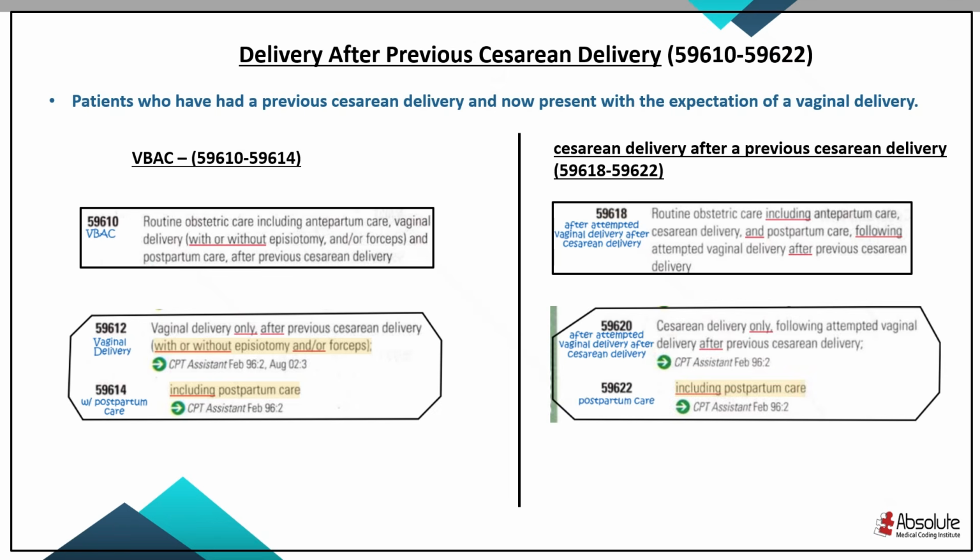And we also have CPT code 59620, that is a cesarean delivery only following a failed VBAC attempt, and CPT code 59622, that is for a cesarean delivery and the postpartum care following a failed VBAC attempt. So accurate coding depends on two major factors. Was the VBAC attempt successful or unsuccessful? And are you coding for a total maternity package, delivery, or delivery plus the postpartum care?